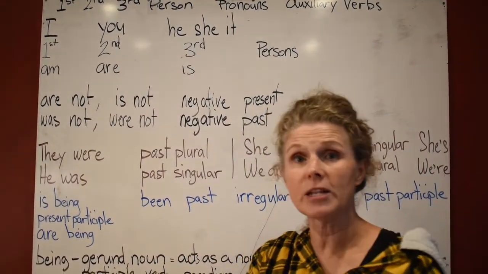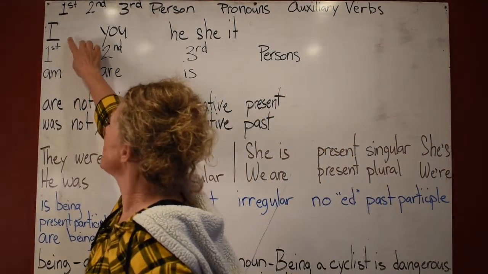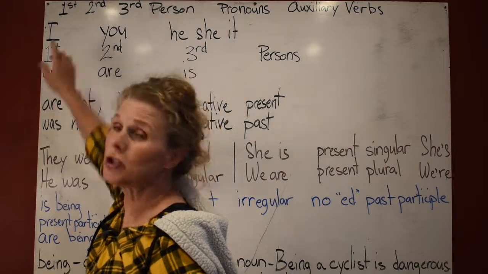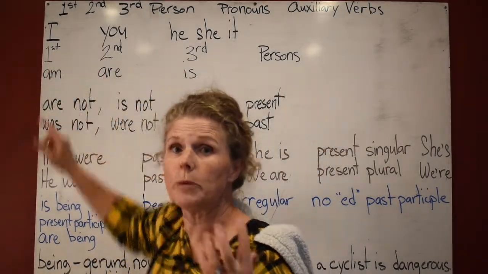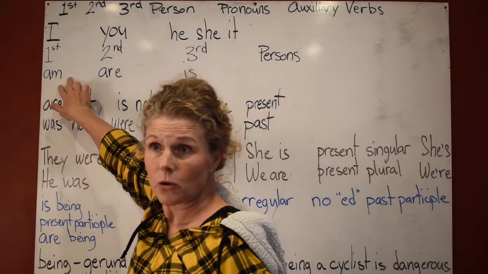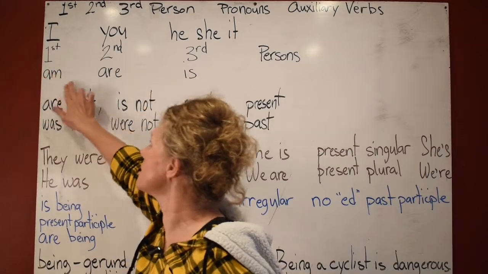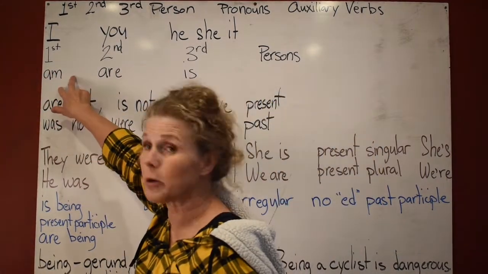To be, they change. All right? So, like we have our first person. This is I. I'm just doing singular right here. I, and you have to use your be verb, that is am. Okay? Or your helping verb. This is an auxiliary verb. That's how you use it though. You have to understand where it fits in your person.